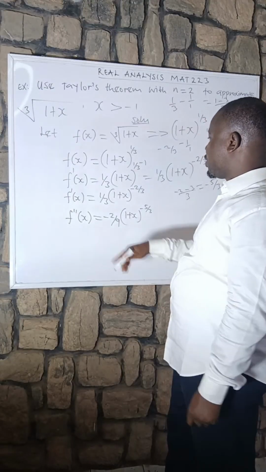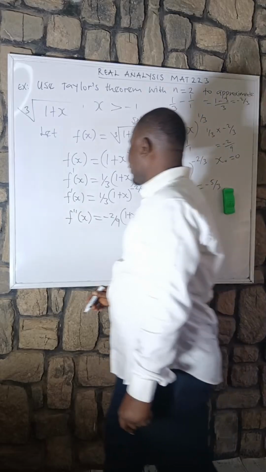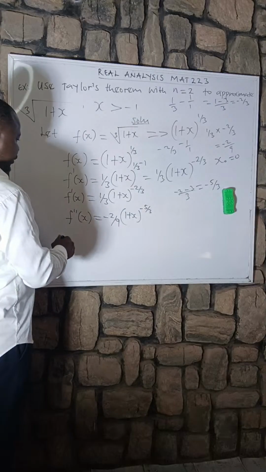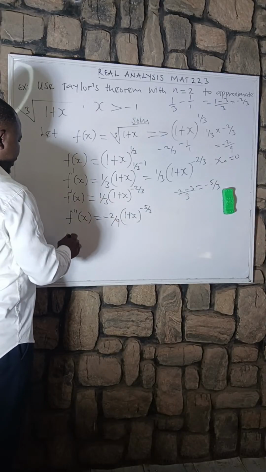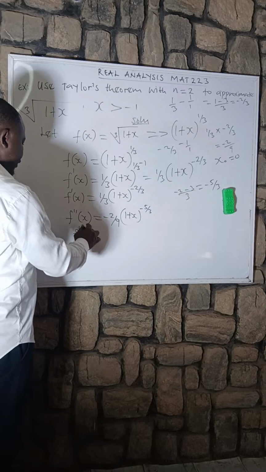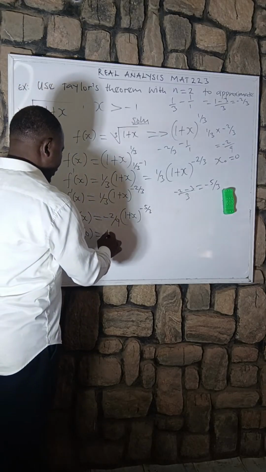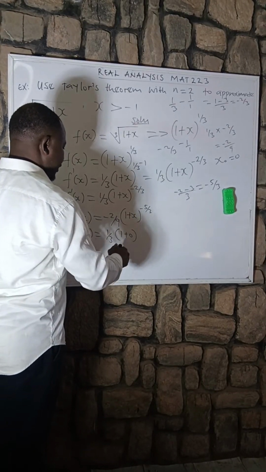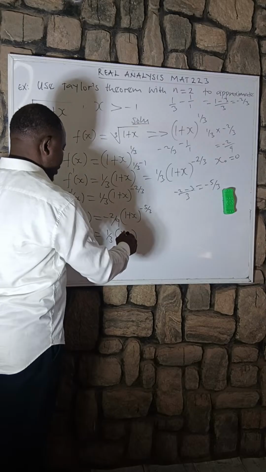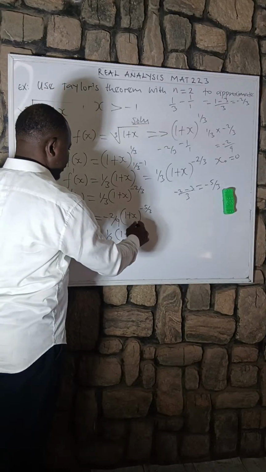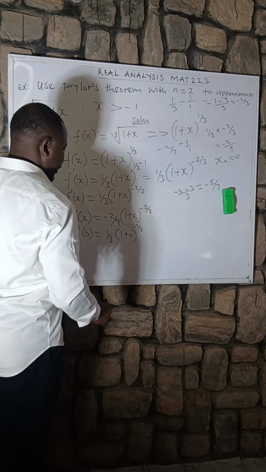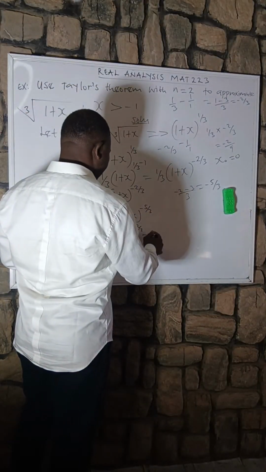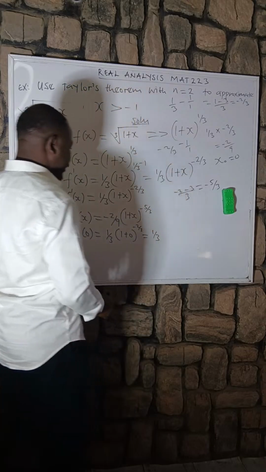So if we substitute in 0 here, we have f prime of 0, we are going to have 1 all over 3, open brackets, 1 plus 0, then raised to the power of 2 all over 3. Then this is the same thing as 1 all over 3, right?